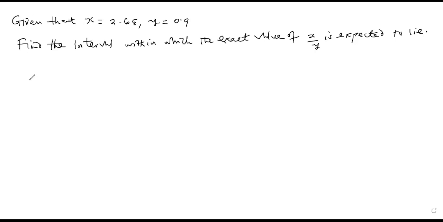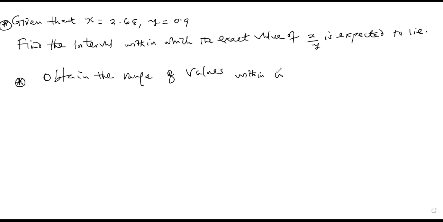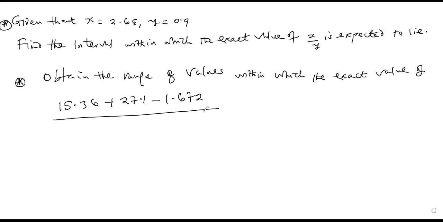Let me give you also this brain check. The brain check is to obtain the range of values within which the exact value of 15.36 plus 27.1 minus 1.672 over 2.36 times 1.043 lies.